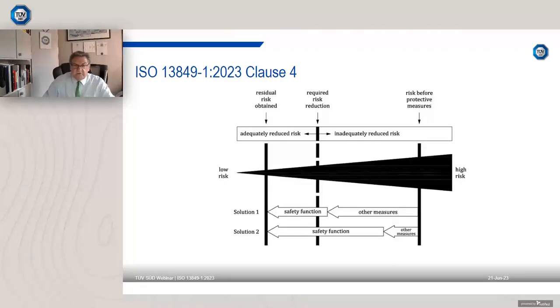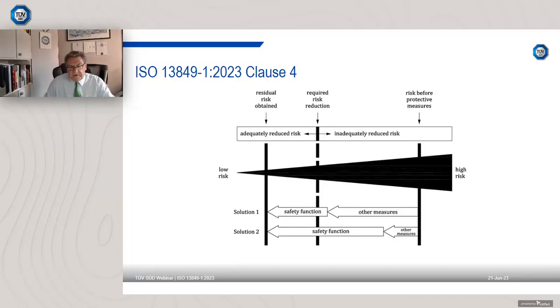But what is now in clause 4 is mentions of the process of risk reduction depending on measures other than simply safety-related control systems. So our risk reduction comes from a combination of measures where safety-related control functions are providing us with additional risk reduction.